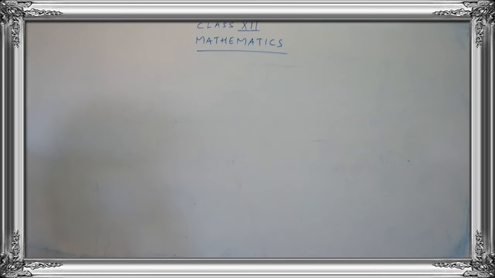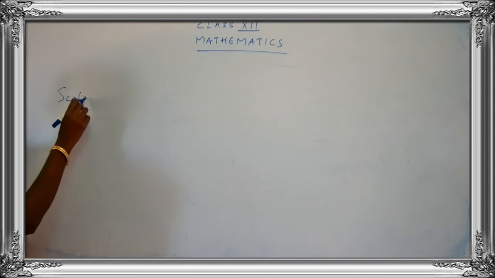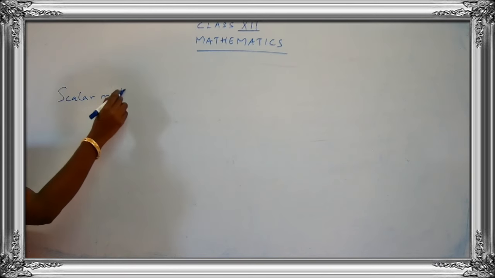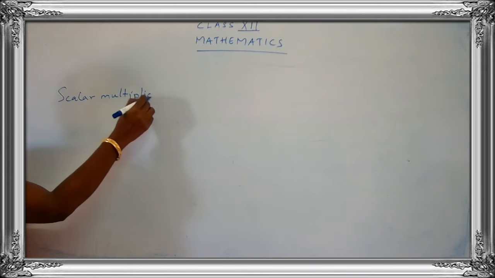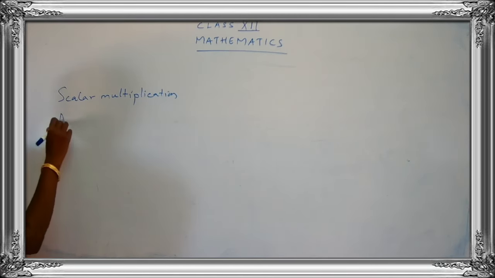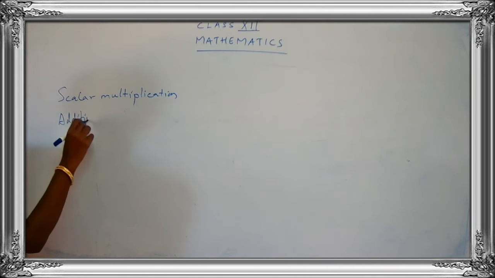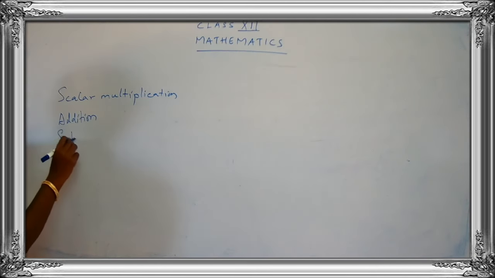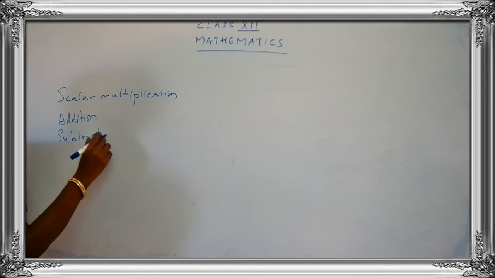For exercise 2.2, already we have seen some algebraic operations on complex numbers. Let's have a small recap of what were the different operations on complex numbers. We had scalar multiplication, then we had addition of complex numbers, then we had subtraction of complex numbers, and also we had multiplication of complex numbers.